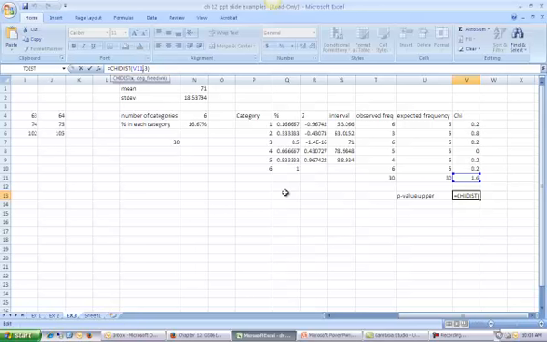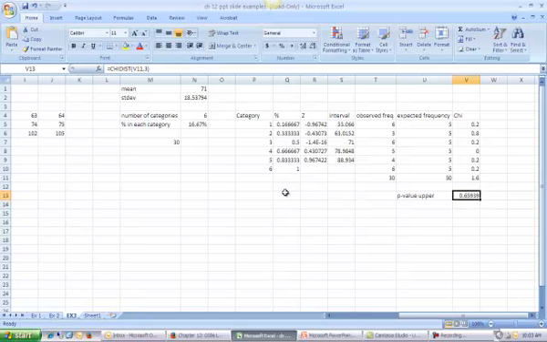So this degrees of freedom is a little bit different. The rest have always been something minus 1. This is K minus 3. So number of categories minus 3. So I had 6 categories minus 3 gives me 3 degrees of freedom.